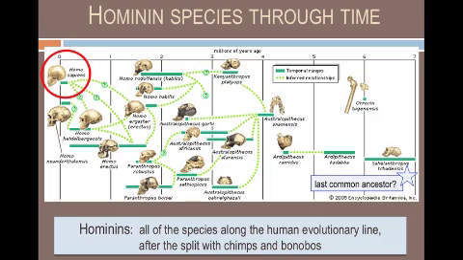Over the last approximately 7 million years, there have been many, many hominin species, probably at least 20 different species of hominin. It's possible that this is our last common ancestor with chimpanzees, this group called Sahelanthropus tchadensis, and we'll speak more about that in future lectures. But you can see some of the hominin groups that have existed over the past 7 million years.